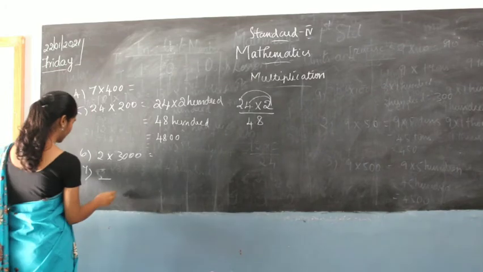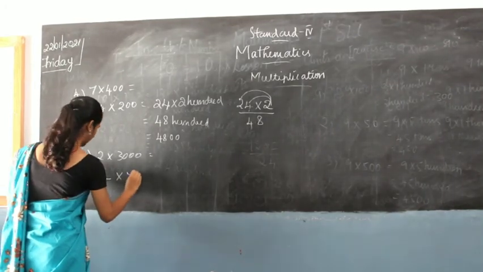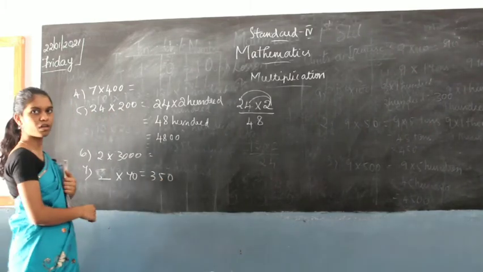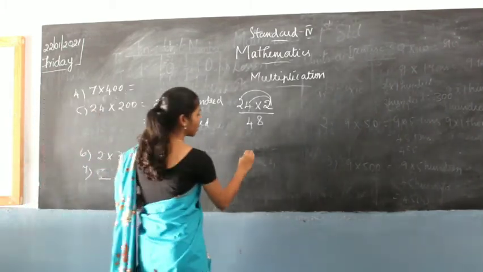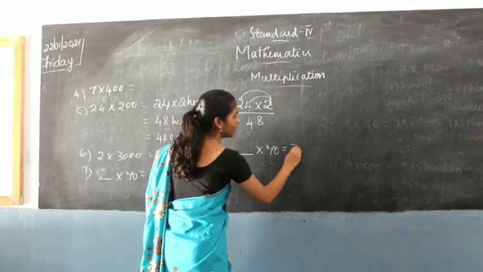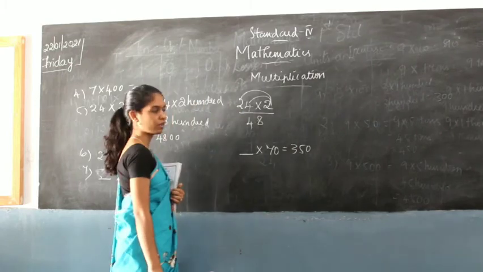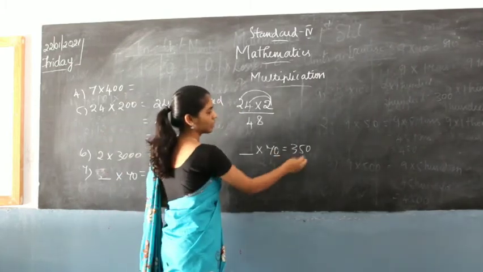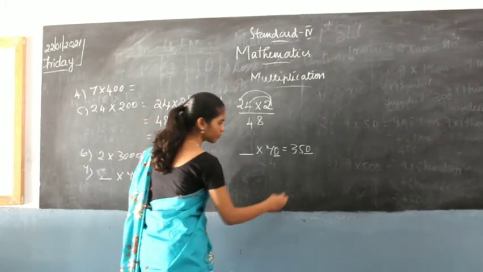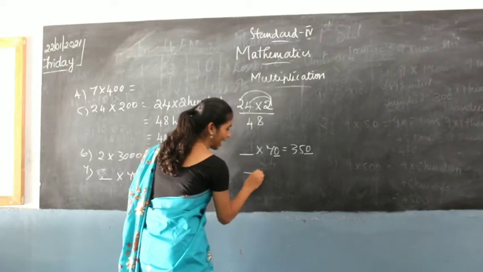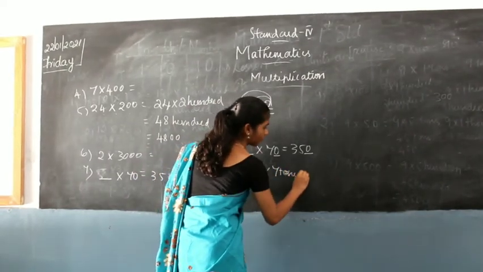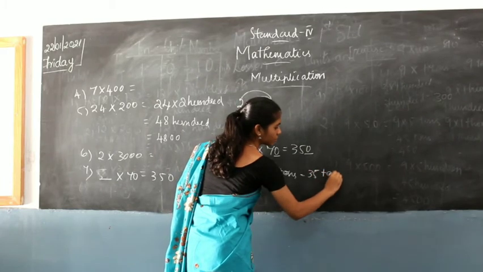Next, seventh one, 5. So they have given a blank and 70 is equal to 350. Now see, here you have a number multiplied with 70 so that you get 350, right? So here you have tens. Here also you have 1 0. So what you have to do is, you have to say dash into 7 tens will give you 35 tens.